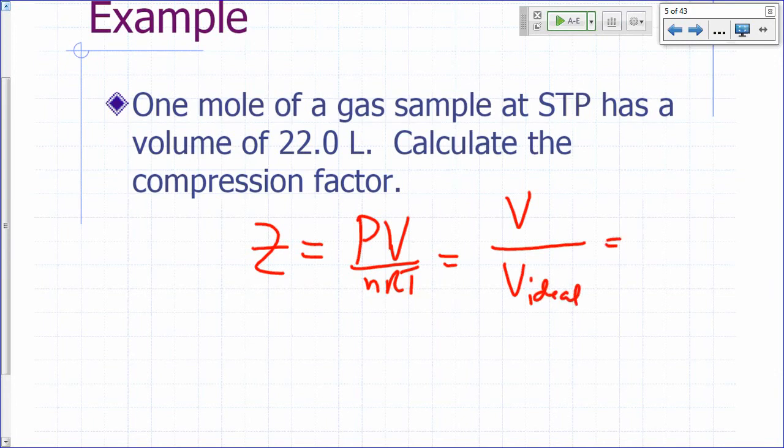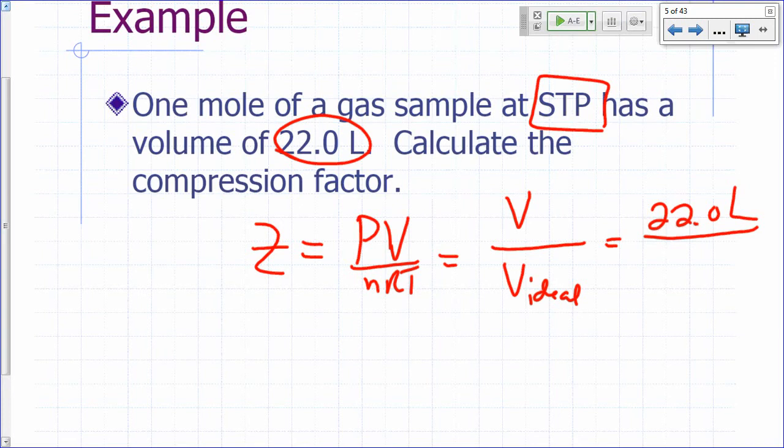What's the volume of the gas given here? 22 liters. What's the ideal volume of a gas? If a gas is behaving ideally at STP, what's the volume? Do you remember? Volume of an ideal gas at STP. 22.4 liters per mole, right?